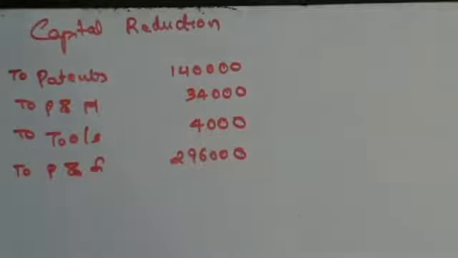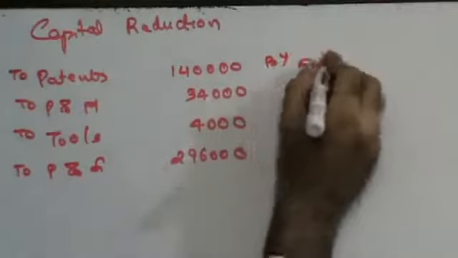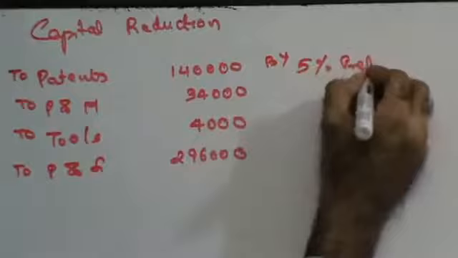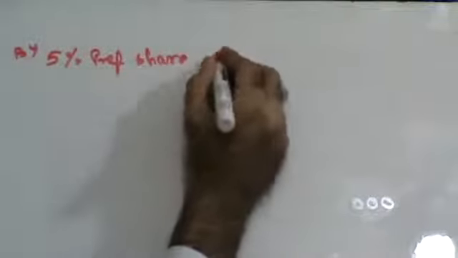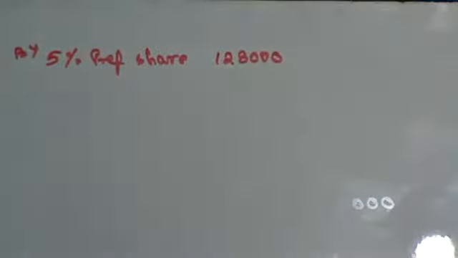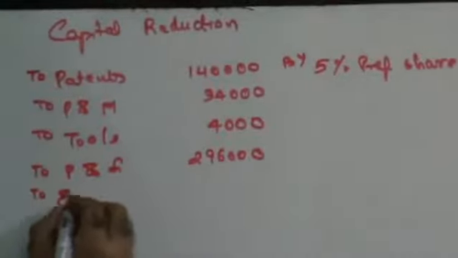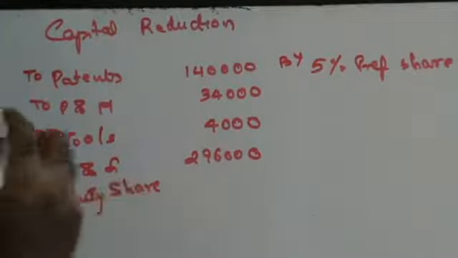Capital reduction on the debit side, to P&L, 2,96,000. Next, capital reduction on the credit side by 5% preference share capital is 1,28,000. Then after this, you have capital reduction on the debit side to equity share capital, amount is 12,000.